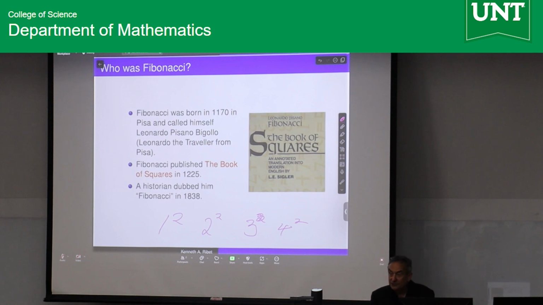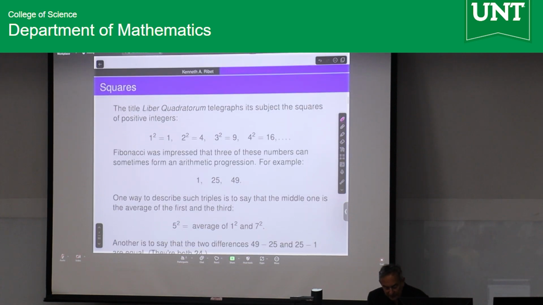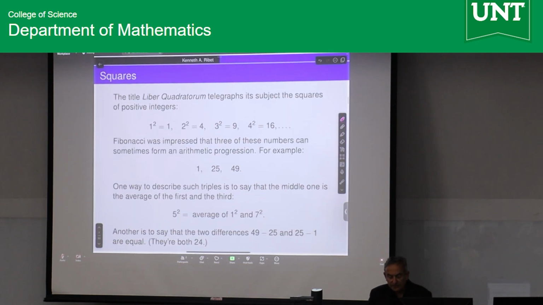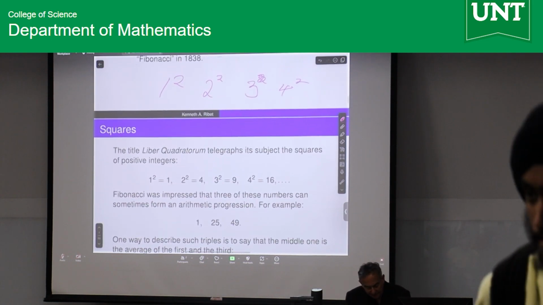There's a modern translation, which I got out of the library, by a man named Sigler, and Sigler has a little appendix at the end of every chapter explaining what Fibonacci was actually doing in the chapter in question. Because the whole thing is a very flowery language, even in English. So here are the squares, and if you think about perfect squares, what are you going to do with them?